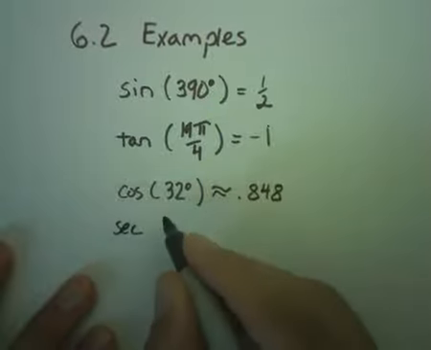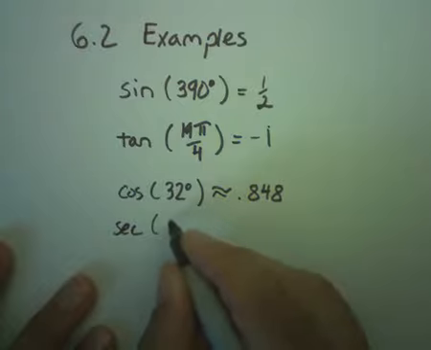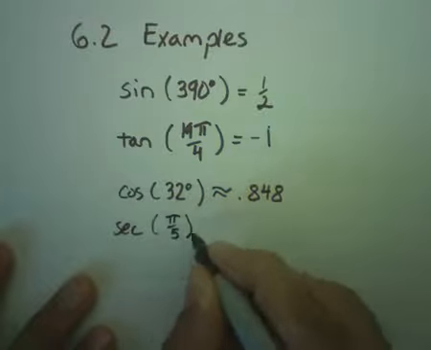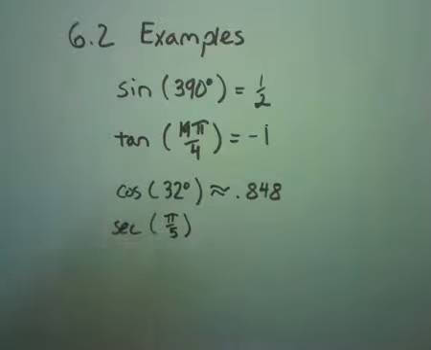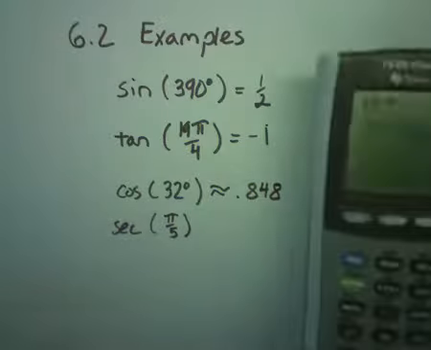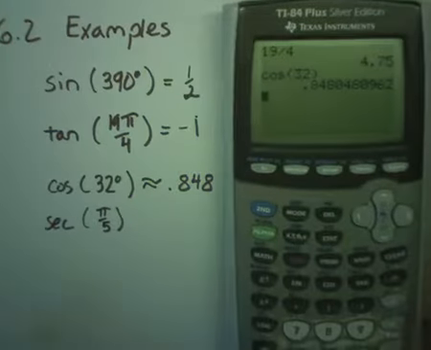And let's do maybe secant of, and let's do something in radians this time, pi over 5, which again, we don't have fifths around the edge of the unit circle. So this will be calculator work. And the calculator also does not have a secant button.